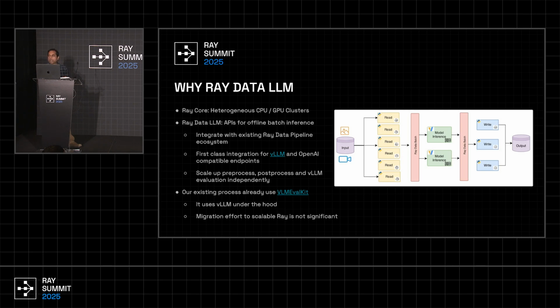Or we can add a powerful LLM as a judge, as plug and play, in the post-process. So we can scale the post step of the inference or the pre-process step of the inference independently of each other. And currently we use the vLLM eval kit, and we are pretty much aware of how vLLM works. It is pretty straightforward for us to migrate to a Ray-based workload where we distribute things.